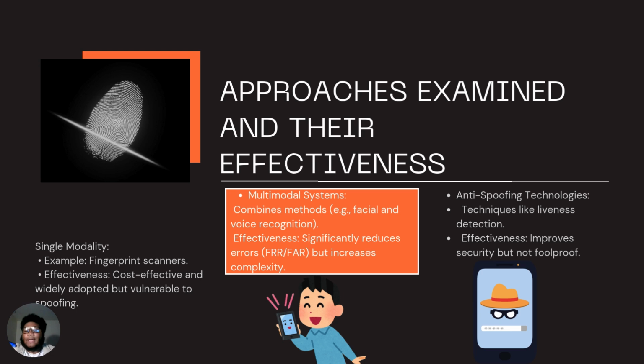Next up, we also have the anti-spoofing technologies. It's pretty much technology like liveness, what I was telling you about, how it will check to detect that you're a live person instead of a bot, and prevent granting that bot access to your account, because they want to make sure it's the actual person. As you can see, the effectiveness is that it improves security, but it's not foolproof.